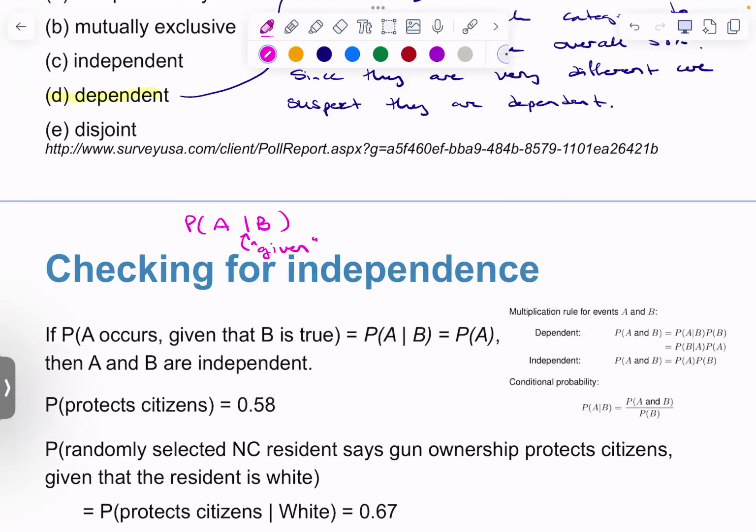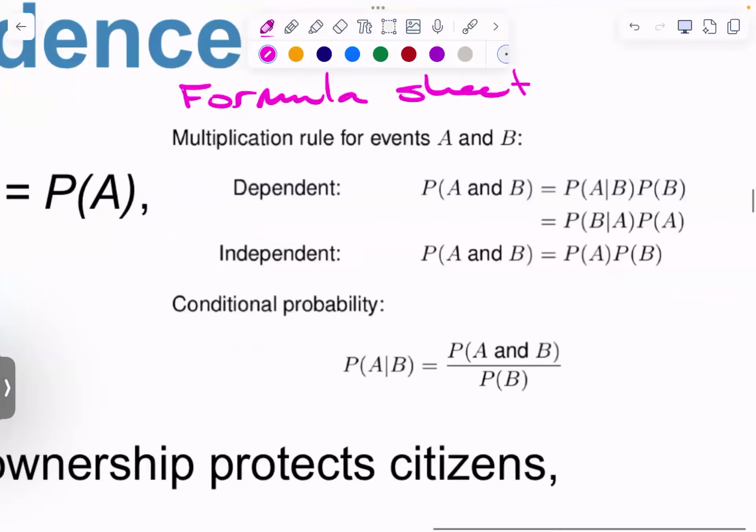So this is, I'll just put it really small here. On your formula sheet, we have this. And what I'm talking about right now is the special case. If A and B are independent, then the probability of A and B is just going to be the probability of A times the probability of B. That's cool, right?